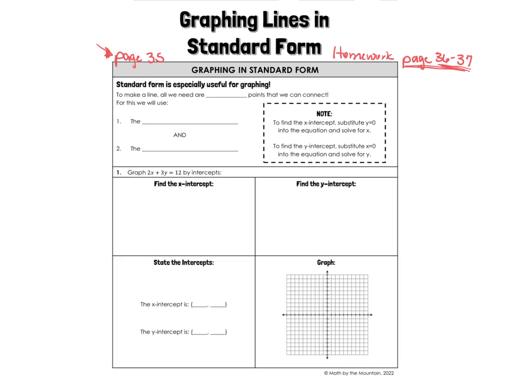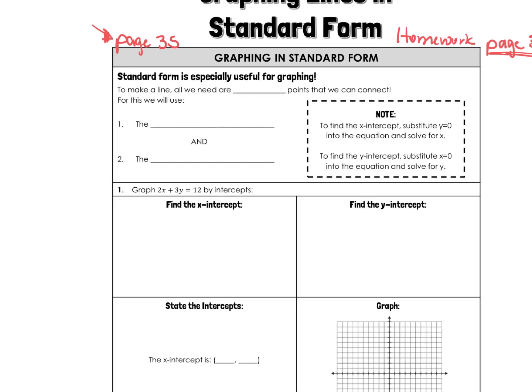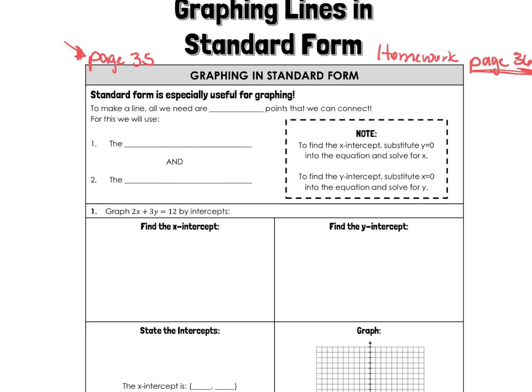It says, standard form is especially useful for graphing. To make a line, all we need are 2 points that we can connect. For this, we use the x-intercept, where x is the number on the graph and y is 0, and the y-intercept, where x is 0 and y is the place where it crosses the y-axis.